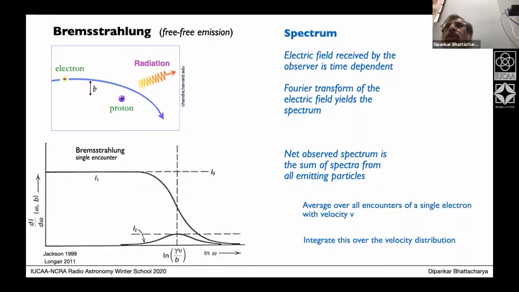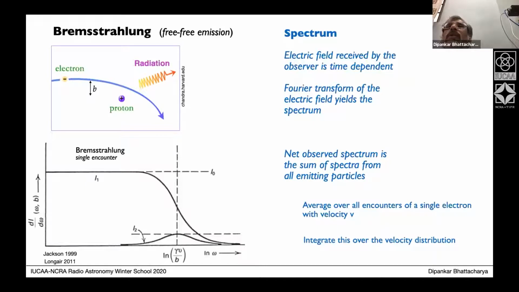There are two components of it, one parallel to the motion and one perpendicular to the motion. And these two components produce these two curves, which you can see on the left-hand side. So the maximum of the emission is around this quantity.